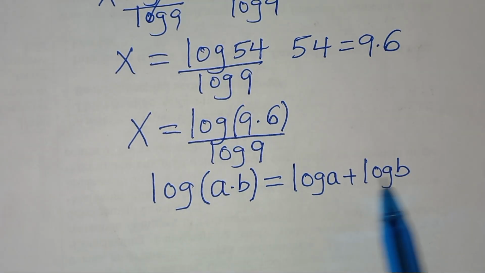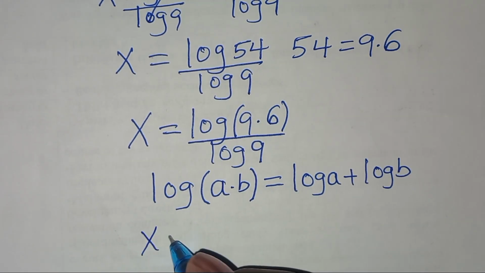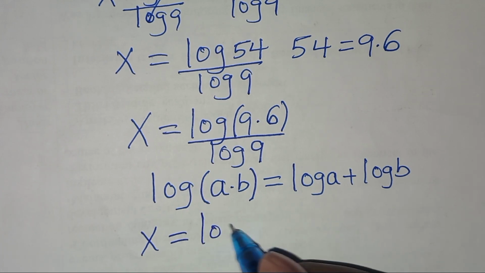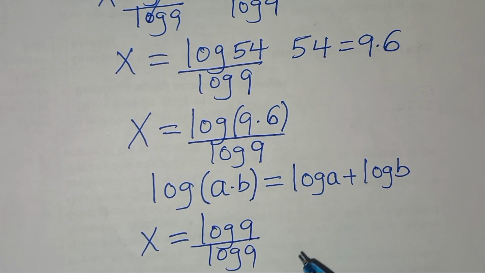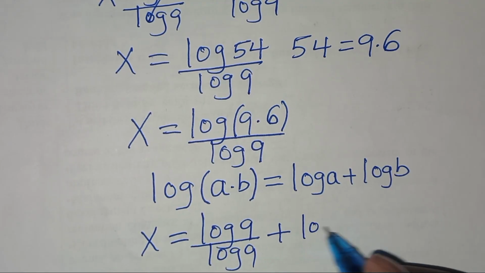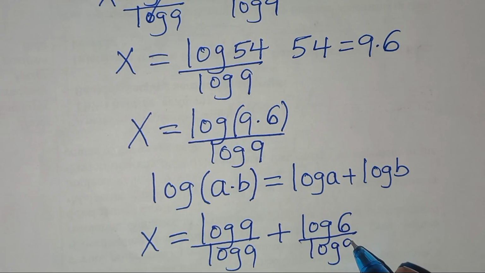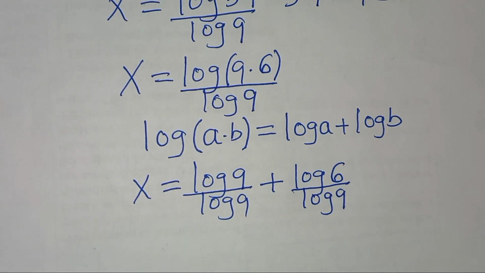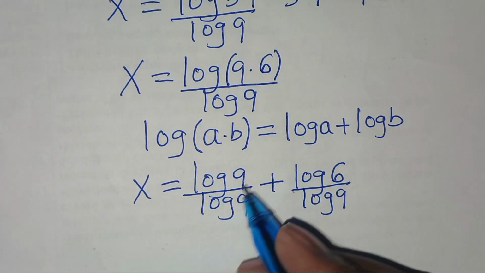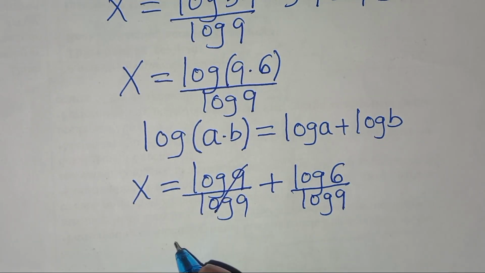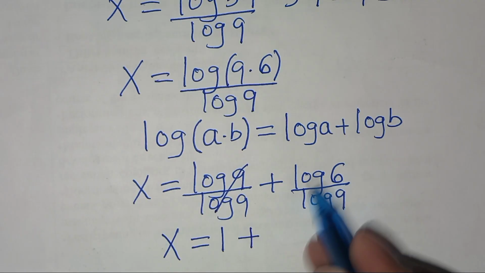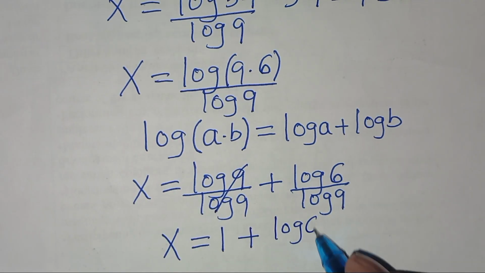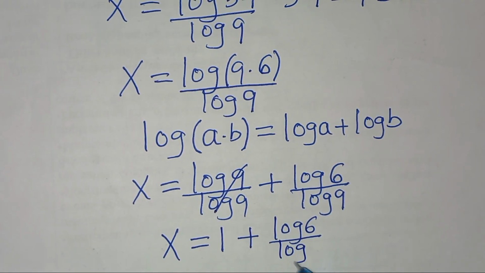So applying this logarithm property, then here we have x is equal to log 9 divided by log 9, plus log 6 divided by log 9. The next step here is to simplify. Let's simplify this so that now x is equal to 1 plus, now here we have log 6 divided by log 9.